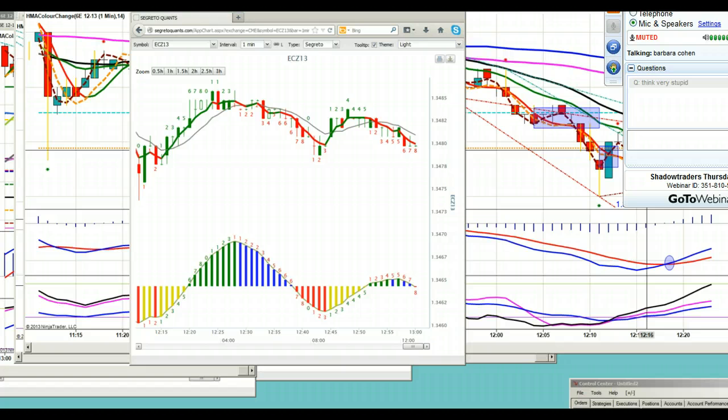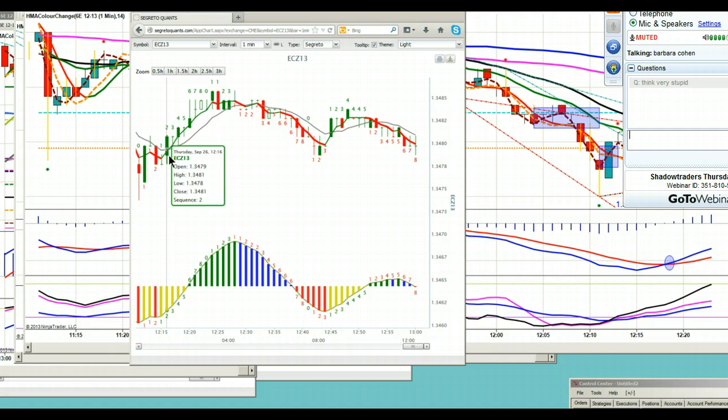The MACD just flattened out there, hadn't really crossed yet. So some of you may or may not have taken that entry using your Ninja. But now that you can see the stochastics going together along with your Segredo on the left here, giving you a clear number 2 with the HMA crossing the 13 EMA, which is that gray line on top there, now you have more confidence to say, you know what, this counter trend is going to be a good one.